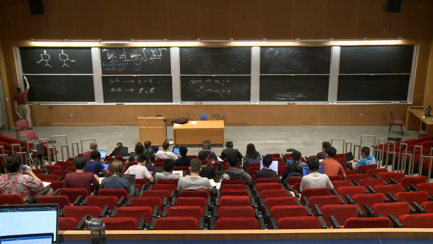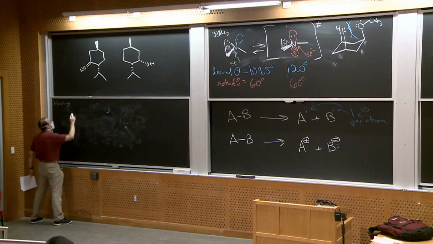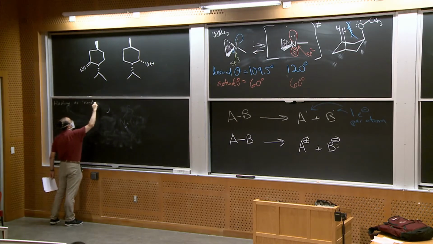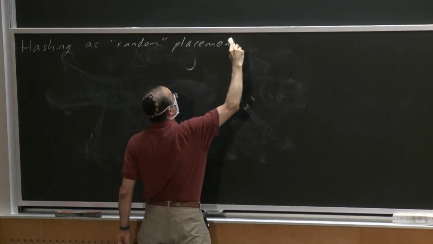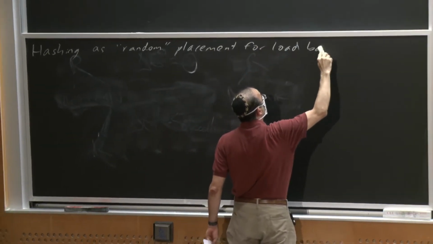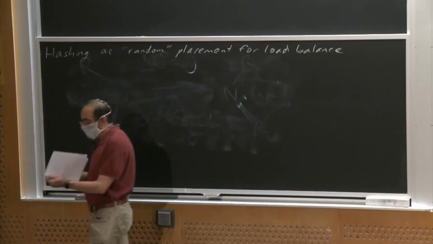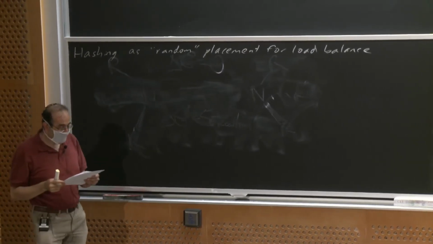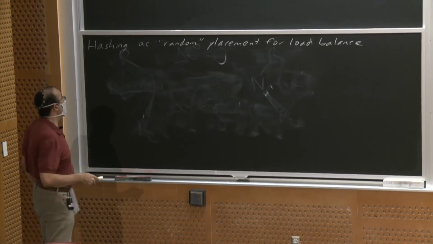And so the idea that we've been exploring is doing hashing as a kind of random placement for load balance, where we want to fit a collection of n items into space S.